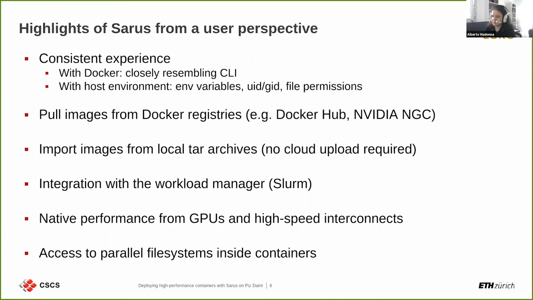And then Sarus is able to leverage native performance from GPU and high-speed interconnects, and we will spend a few more words about that later on. And then lastly, it also enables access to the parallel file systems inside containers, which is instrumental in getting input data into the container and then getting the results outside of the container into a persistent setting.